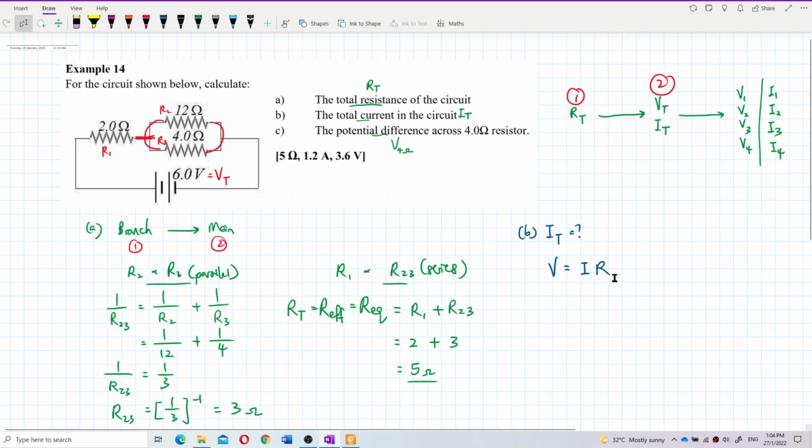Because we are dealing with totals, all these are total values. We have the total voltage, we need to find the total current, and we already got the total resistance from step 1.